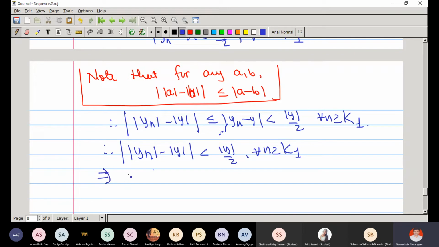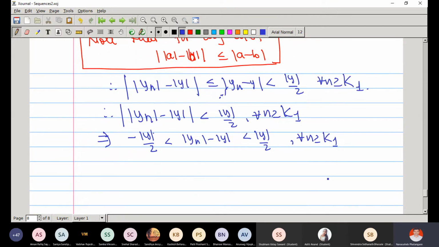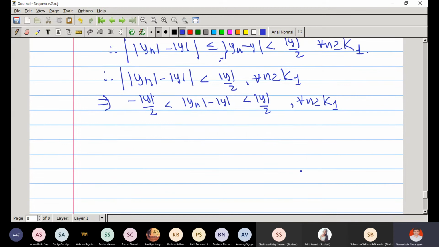Now I will simplify this further, for each n greater equal K1. What next? What simplification is possible further? What simplifications are possible? Multiplying two, we can add sides. y mod of y. Right.